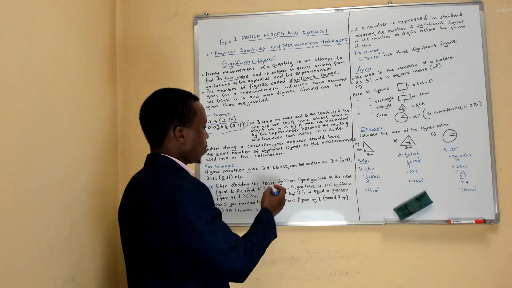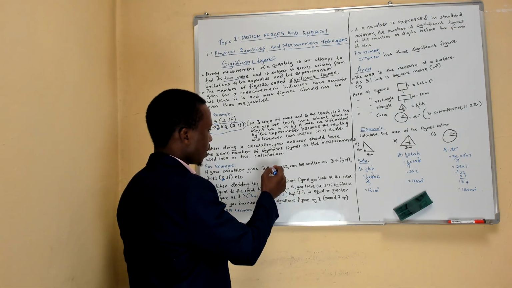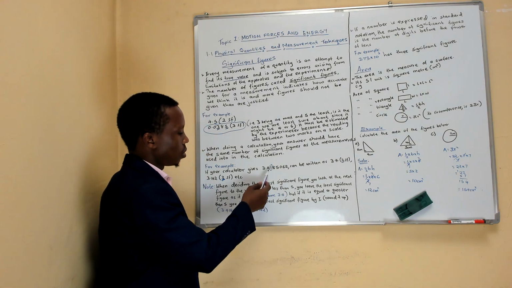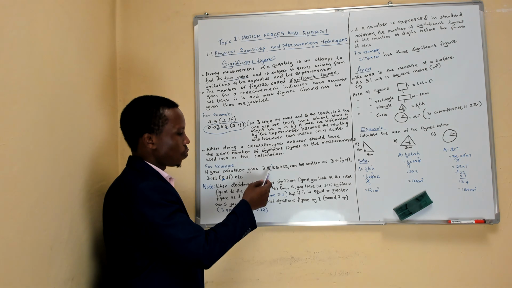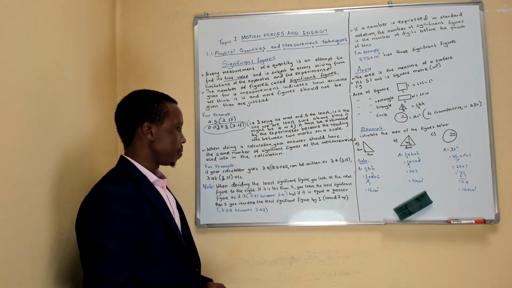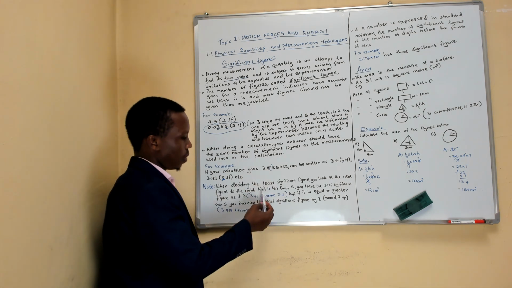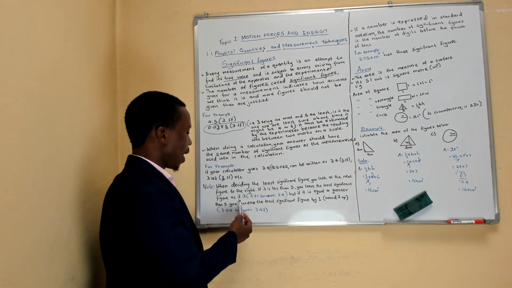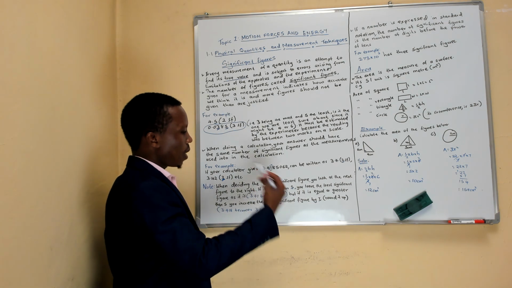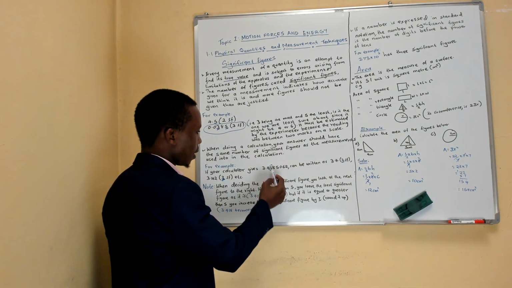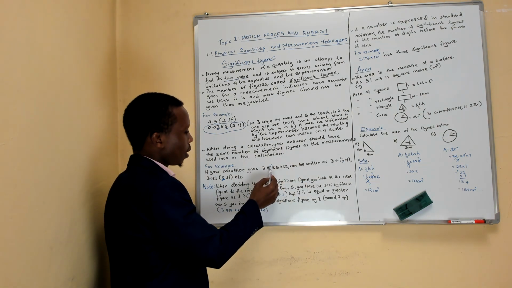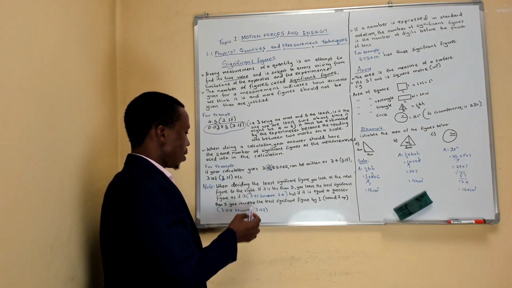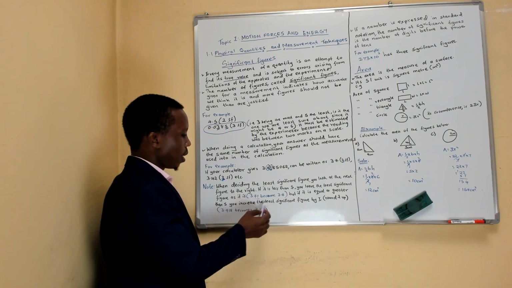Now I look at the next figure to the right, that is 1, and I can decide whether to round off the 4 or leave it. If it is less than 5, then you leave the least significant figure as it is. So since 1 is less than 5, I'll leave this 4 as it is.